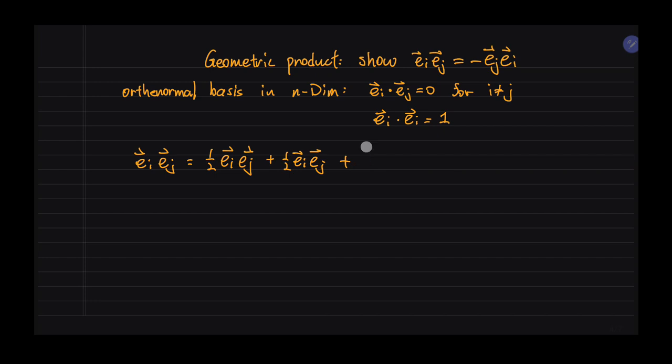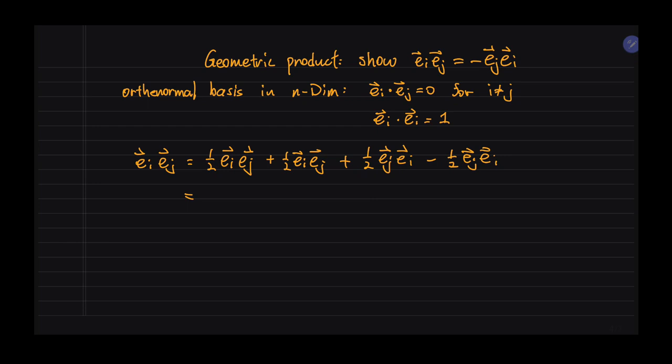But instead we write 0. We can also write 1.5 ej ei, we swap the order, minus 1.5 ej ei. And remember here, the sum between these two is zero.